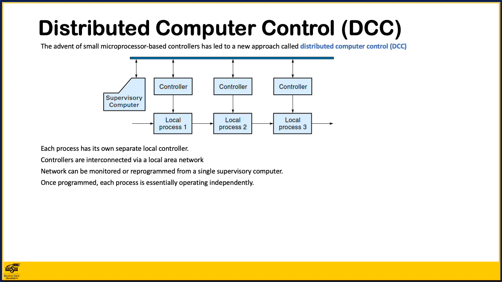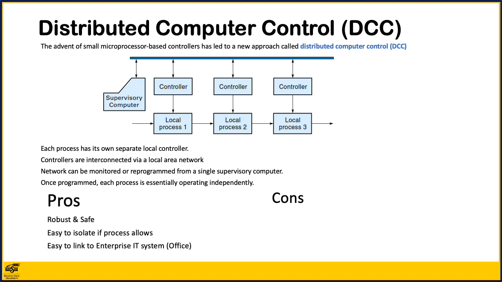Once programmed, each process is essentially operating independently. This makes for a more robust and safe system because all the local processes will continue to function even if the supervisory computer or network goes down. For example, a local controller whose job it is to keep some material at a critical temperature will continue to function even if the supervisory computer is temporarily disabled.